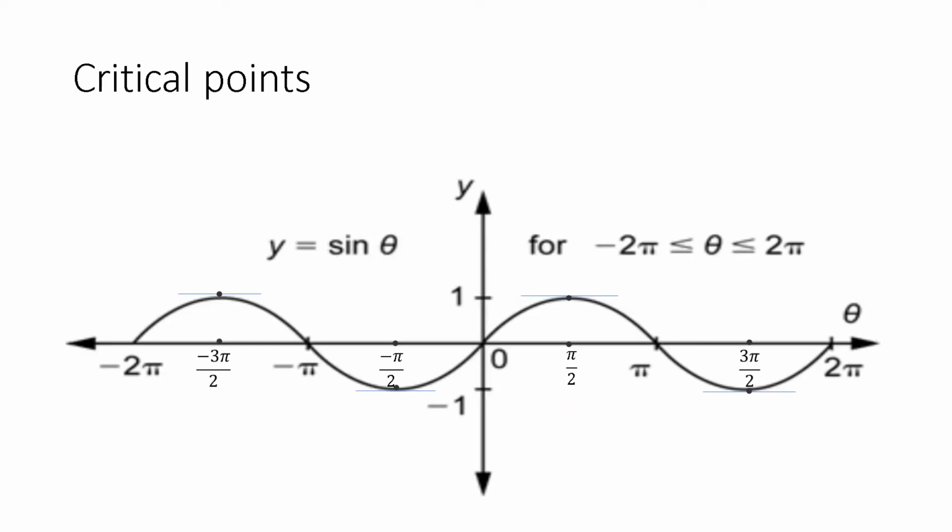Now let us understand critical points by seeing this graph. In this slide, you can look at an example related to finding critical points based on the graph. As you all know, this is the graph of the sine function in the interval minus 2 pi to plus 2 pi.